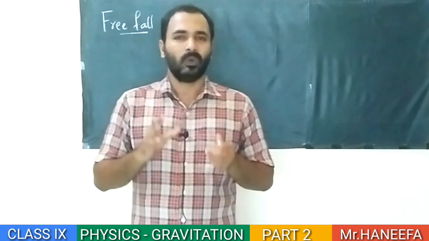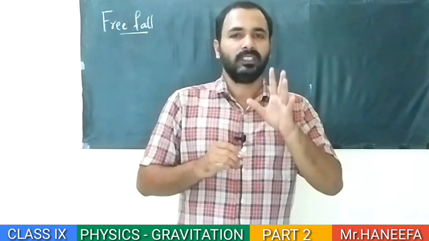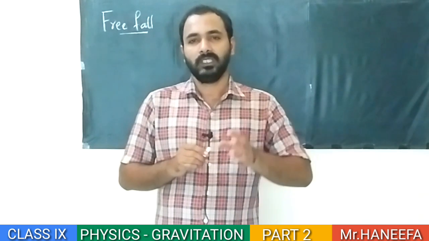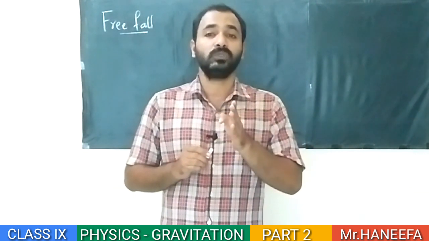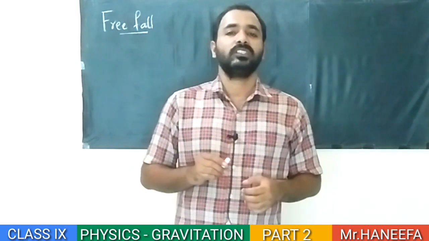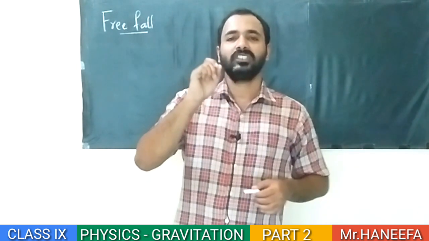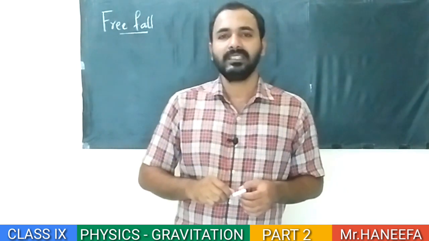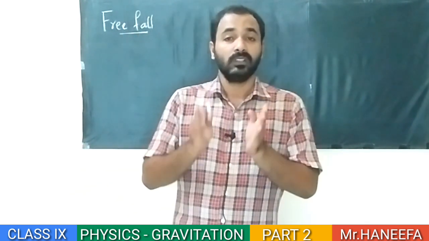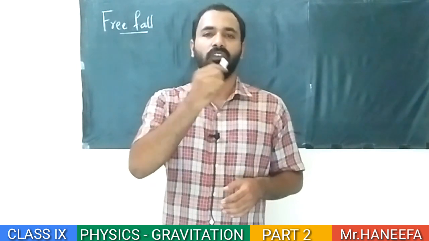Okay, so what is the condition of free fall? If an object falls towards the earth due to the acceleration due to gravity, or due to the attraction of the earth, or due to the force of gravity alone, we can say this chalk is under free fall.